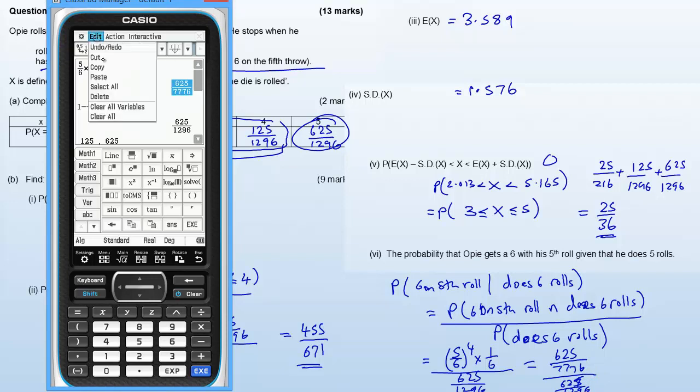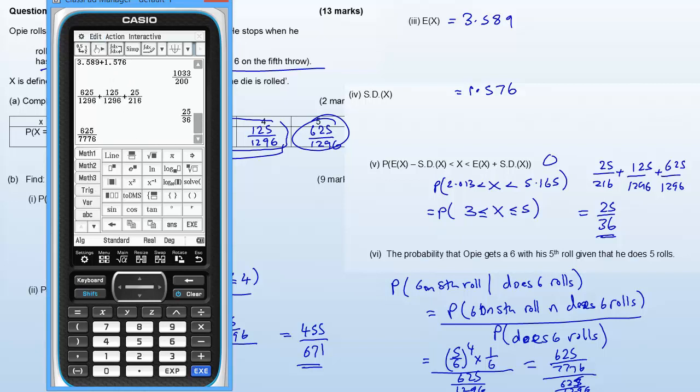So I'm just going to copy that and bring it to there, and we'll divide that by 625 over 1296, and it gives us 1/6.